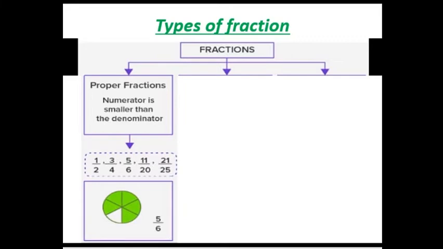In a proper fraction the numerator is smaller than the denominator. Here some examples are given: 1 by 2, 3 by 4, 5 by 6, 11 by 20 and 21 upon 25. Now look at this picture.